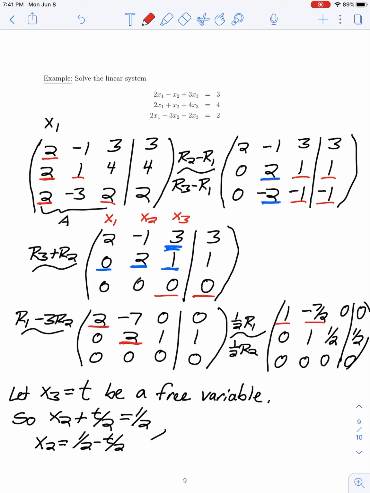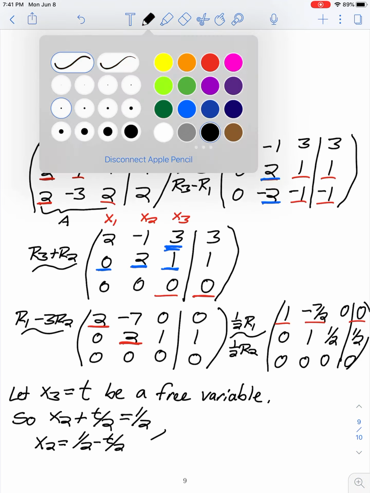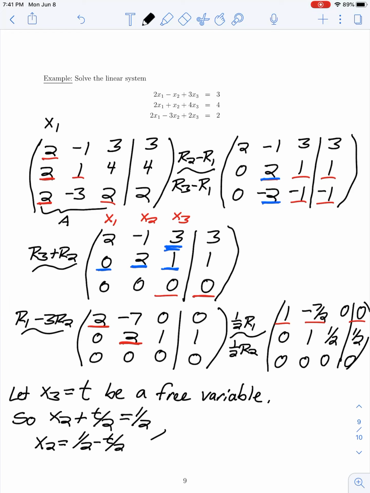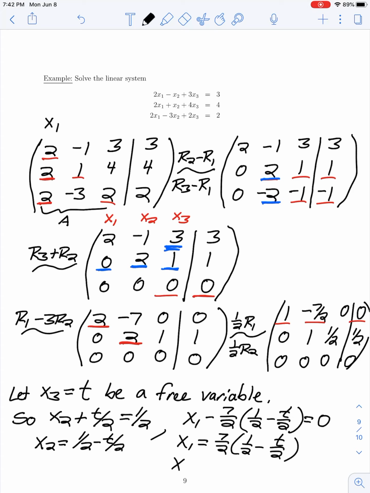I have x1 minus 7/2 x2 has to equal 0. Now x2 was given by 1/2 minus t over 2, and that has to equal 0. So we find then that x1 is equal to positive 7/2 of 1/2 minus t over 2. So x1 is then equal to 7/4 minus 7/4 times t.